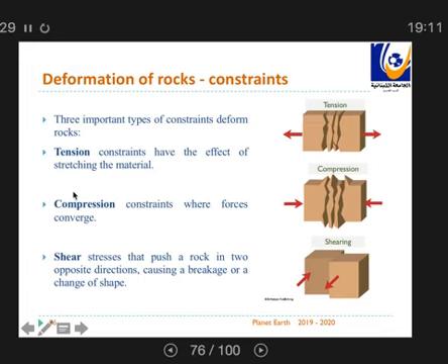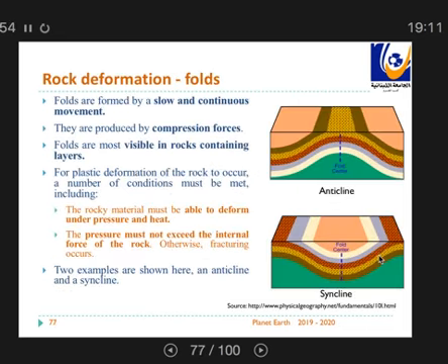Okay, you have compression, where, as you can see here, the material is crushed, compressed, and we have shear stresses that push a rock or two pieces of rocks in two opposite directions, causing breakage or a change of shape. Now, the results of these constraints may be faults, for example.